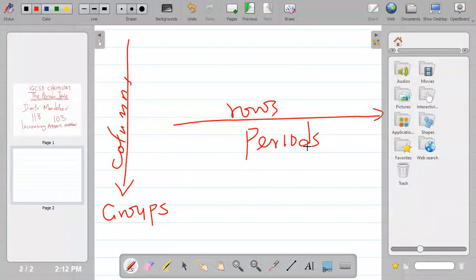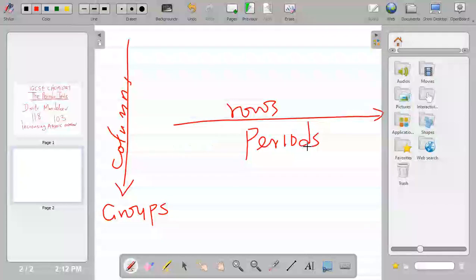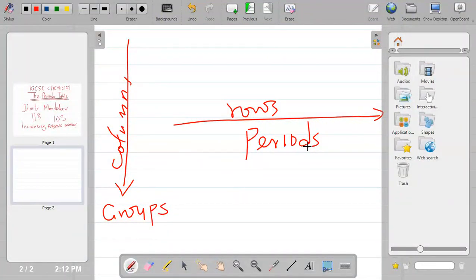Generally speaking, in the periodic table, there are 8 groups, being group 1, group 2, group 3, group 4, group 5, group 6, group 7, and group 0, otherwise known as group 8.